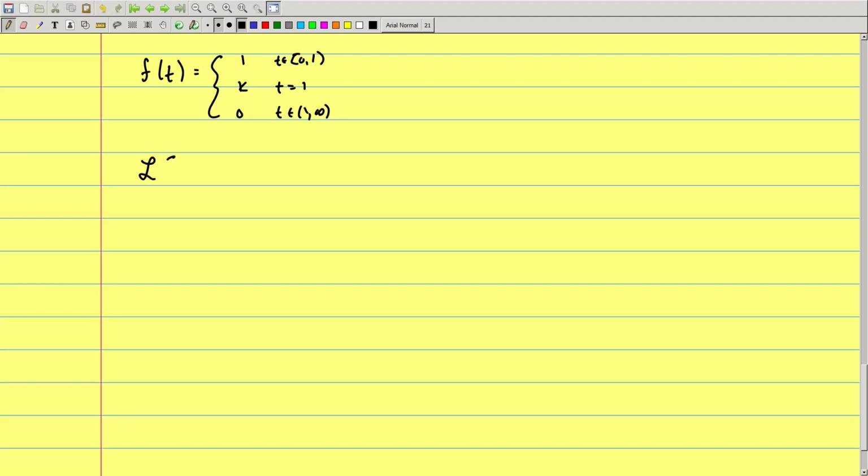If I want to take the Laplace transform of a function that is so defined, we write out the definition of the Laplace transform. And we can break things up piecewise, right?